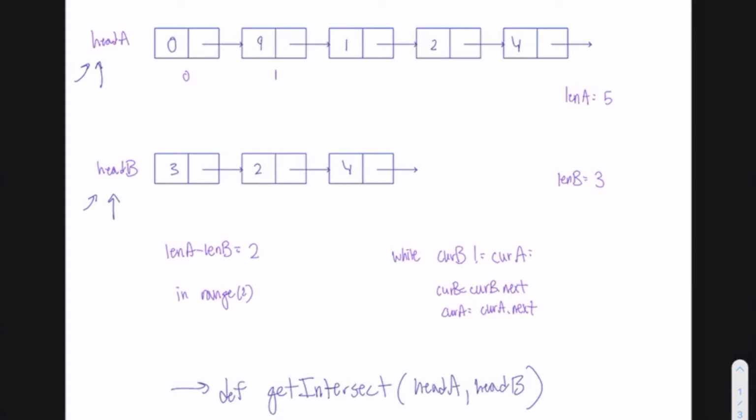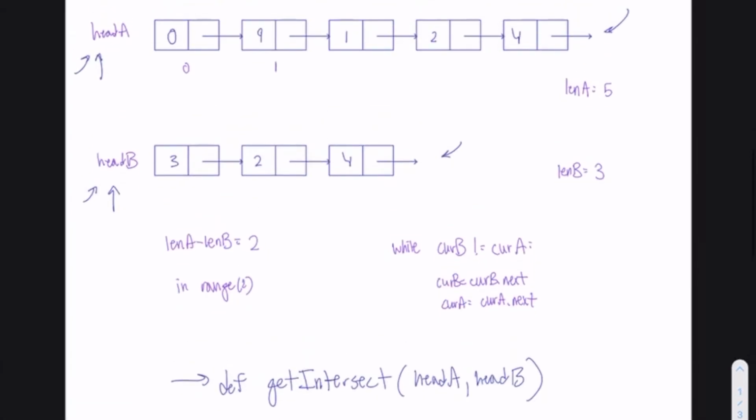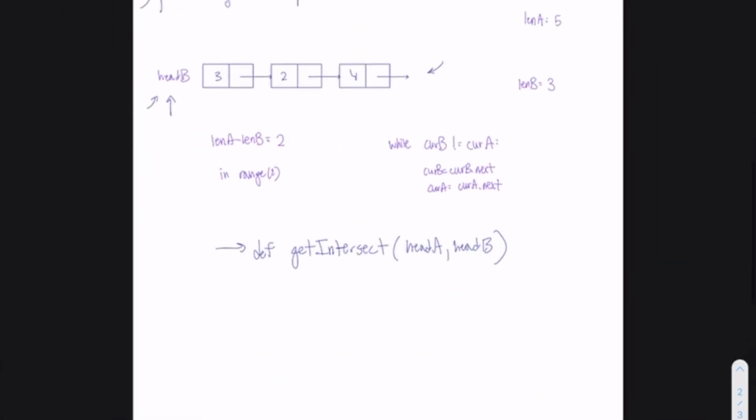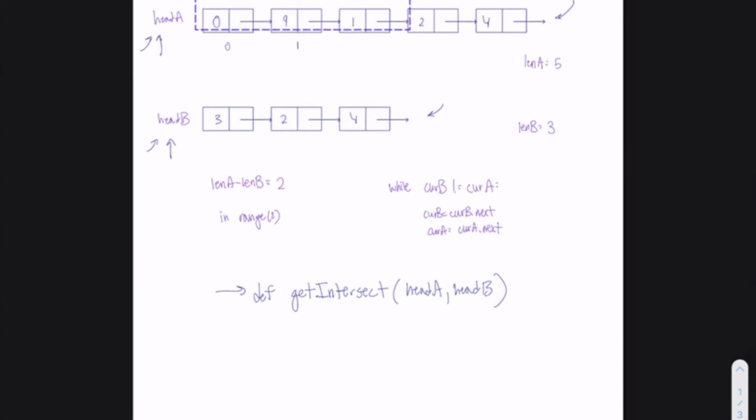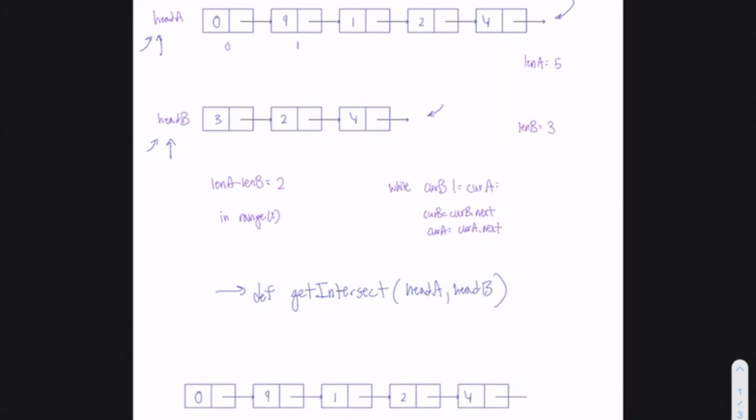In order to implement this function, we have to create a separate function definition that deals with the length, because as you can see, head A and head B are different in terms of length, and we have to compare each of these nodes by aligning them up. In a more picturesque fashion, let me put these down here.